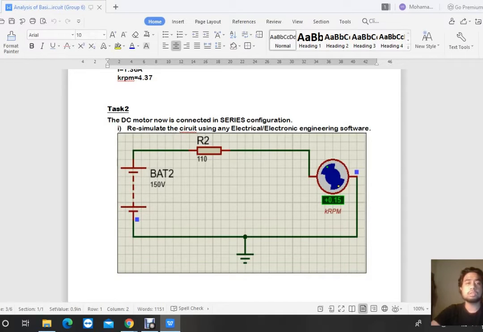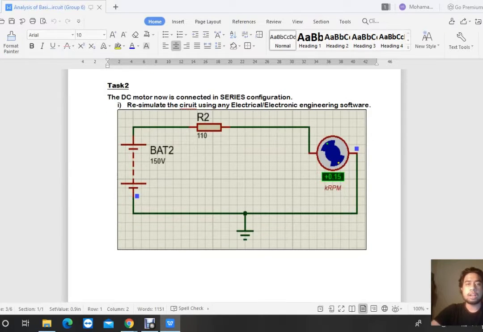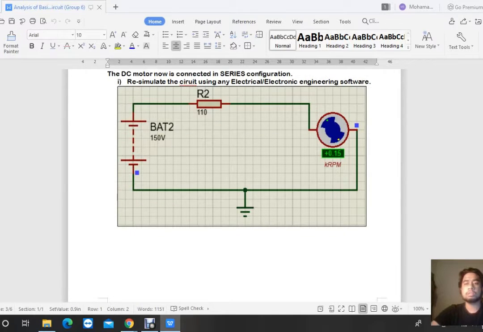For task 2, we need the DC motor in the series configuration. I do the same simulation using the same data, and then I got the RPM is 0.15.